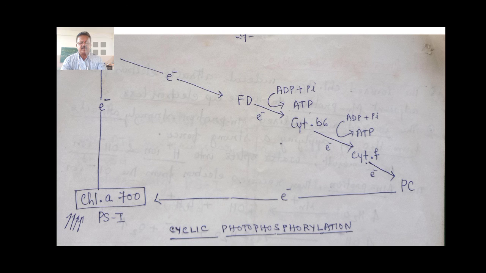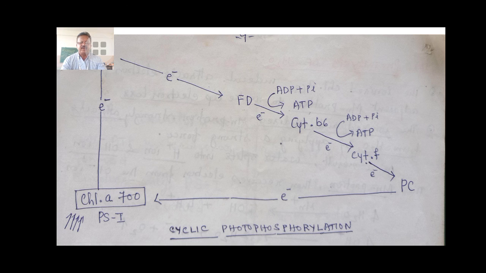When energized, that chlorophyll pigment A700 expels an electron, as can be seen in the diagram. That electron goes to FRS, which is an electron carrier.